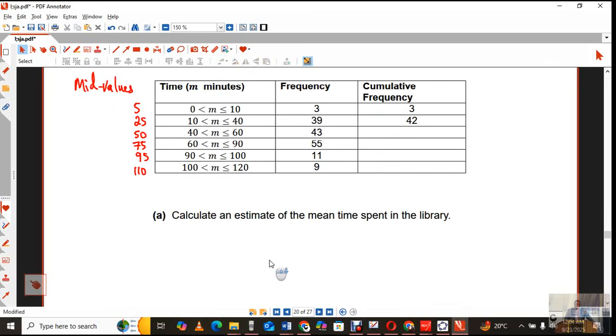Right, so to calculate the estimate of the mean, we are going to do that. It's going to be quite a long thing that I'm going to write.